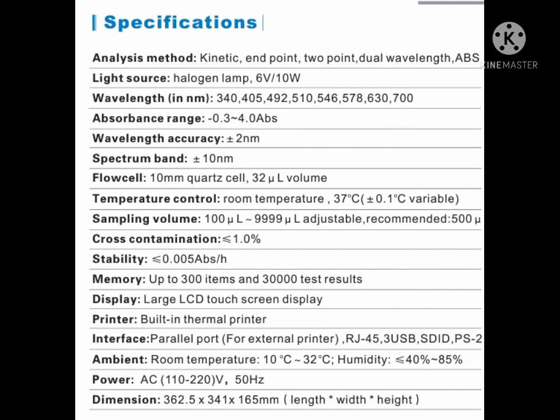Light source is same, halogen lamp. It has 8 wavelengths inbuilt in the analyzer, 340 to 700 nanometer, and its absorbance range is minus 0.3 to 4.0 absorbance, one of the highest absorbance it maintains.